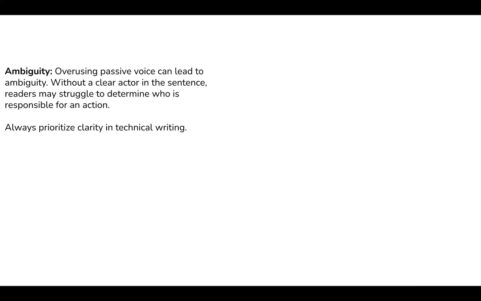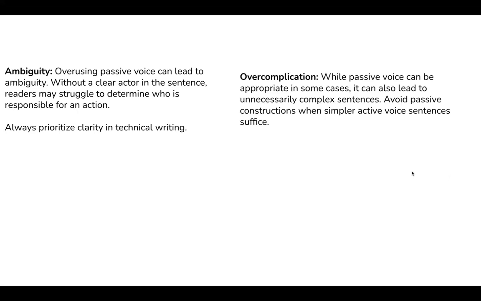So always prioritize clarity by using active voice in technical writing. The other one is overcomplication. While passive voice can be appropriate in some cases, it can lead to unnecessarily complex sentences. So you should avoid passive constructions when simpler active voice sentences would suffice.